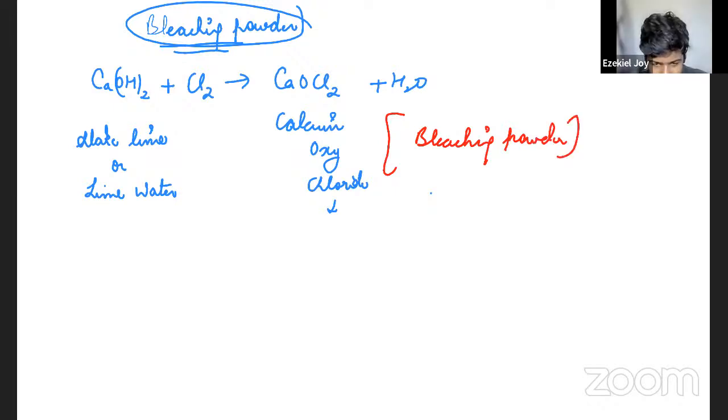Yeah, tell me then. It's a powder we used to clean our well. Okay. So basically, bleaching powder is used as a disinfectant. Bleaching powder is also used for the decolorization of a thing.